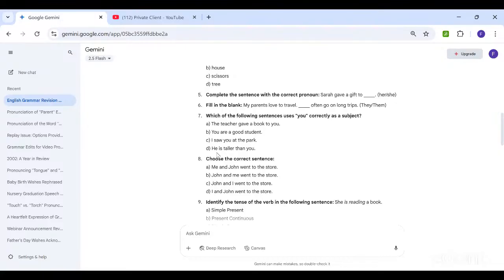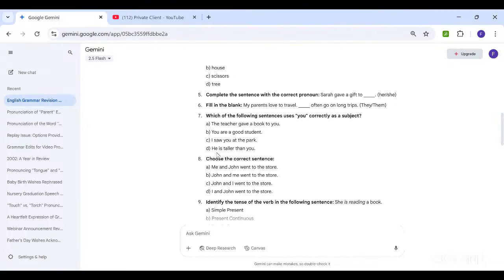Remember, a subject is the doer of an action. The teacher gave a book to you. You are a good student. I saw you at the park. He is taller than you. You are a good student. Very well.